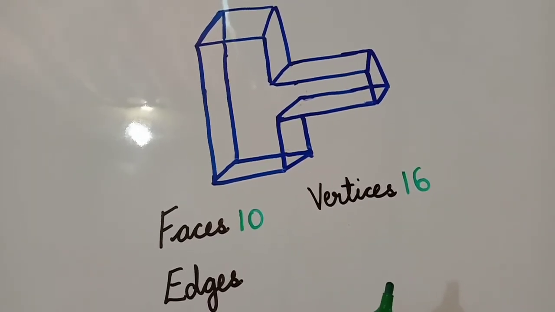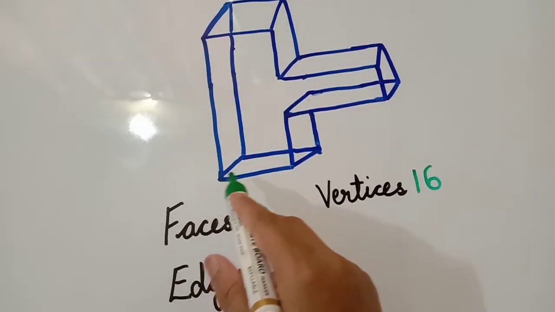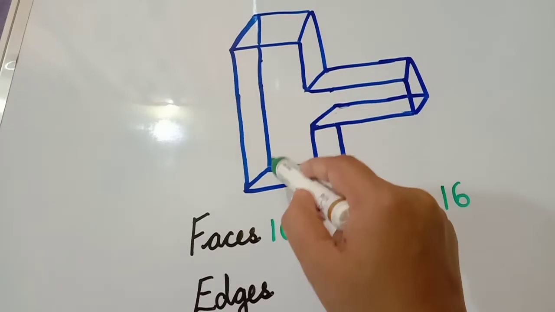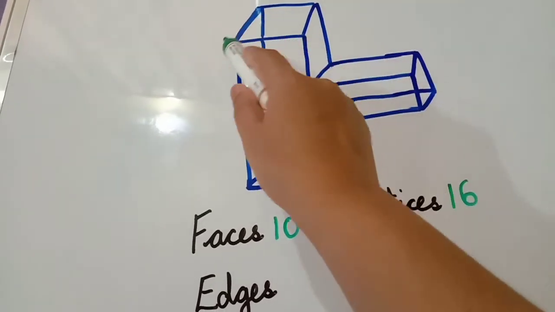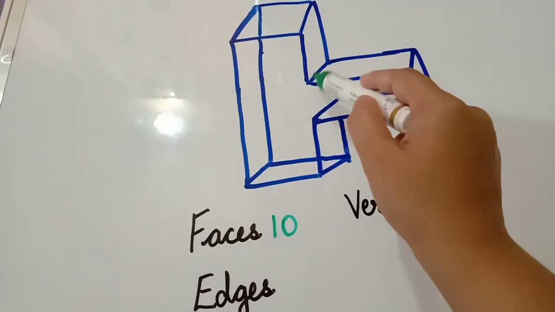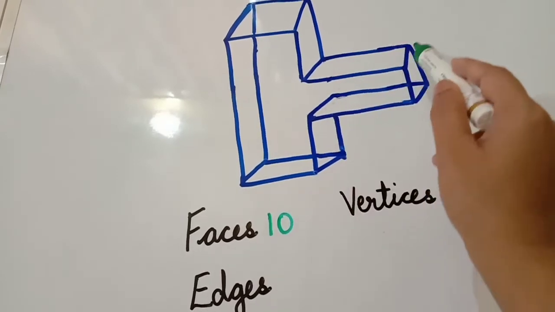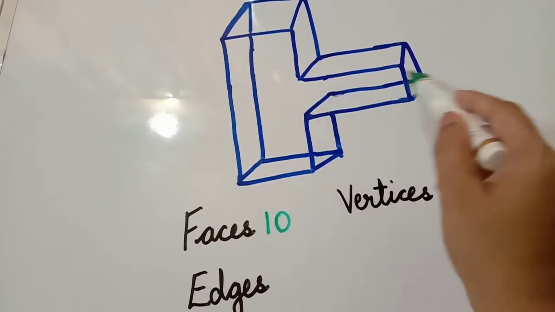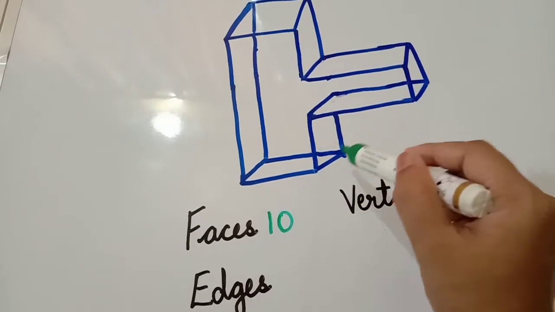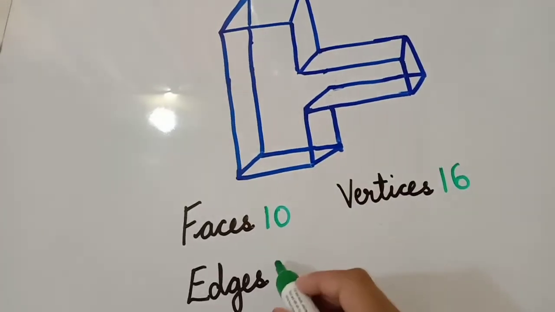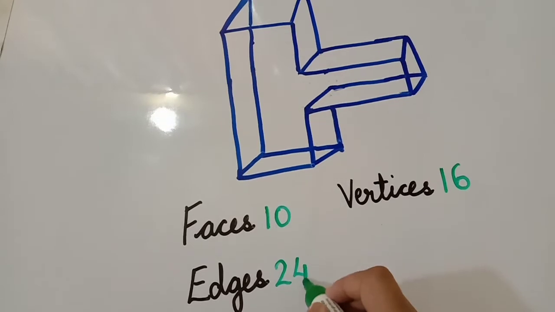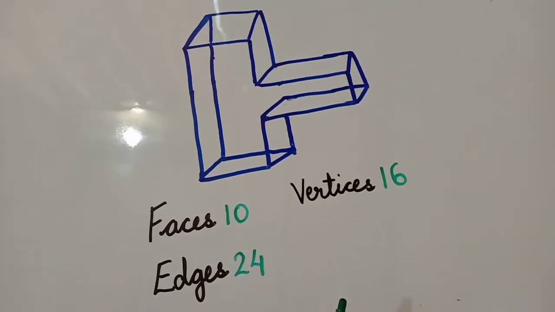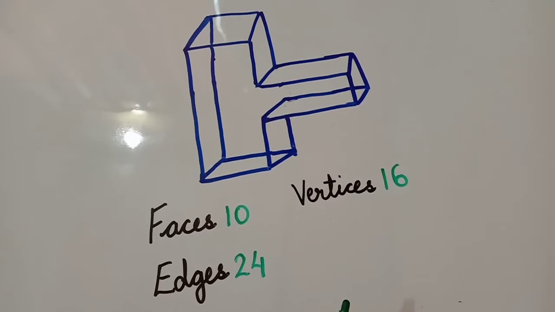Now let's see how many edges it has. 1, 2, 3, up to 24. So it has 24 edges. You can see this figure has 10 faces, 16 vertices and 24 edges.